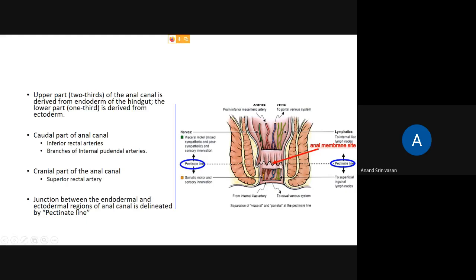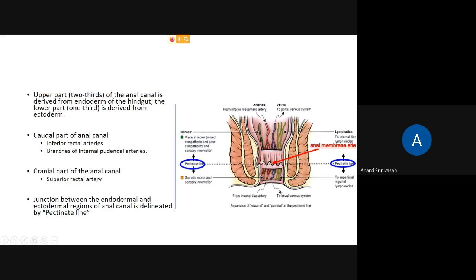So the proximal portion of the anal canal is supplied by the superior rectal artery, which is a branch from the inferior mesenteric artery.